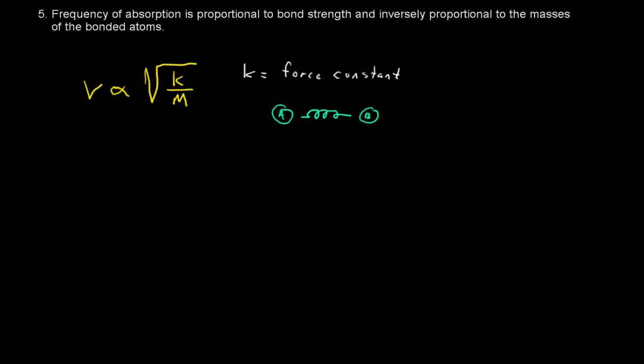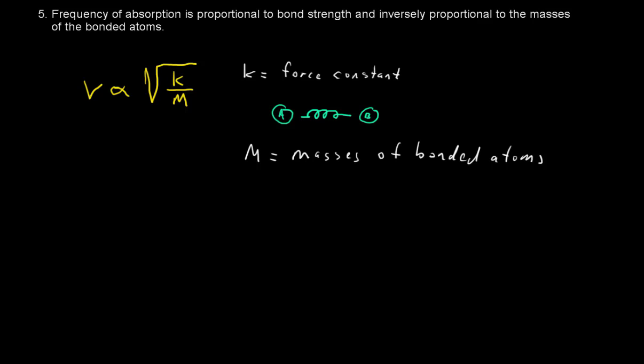So greater force constants give greater vibrational frequencies and greater frequencies of infrared light absorbed. M corresponds to the masses of the bonded atoms. So since mass is inversely proportional to frequency, lighter atoms like hydrogen will give greater vibrational frequencies than heavier atoms.